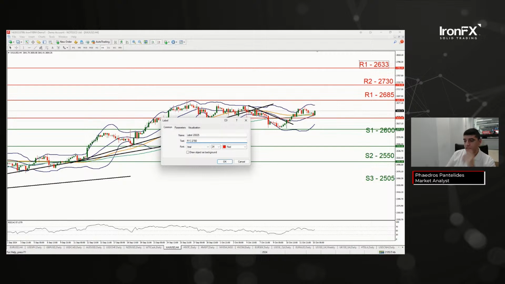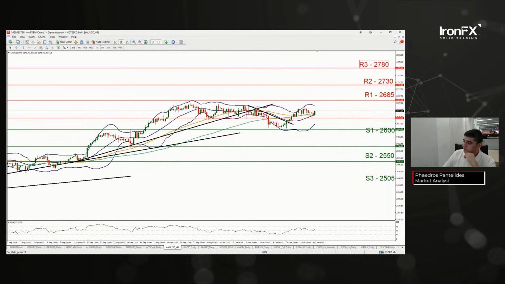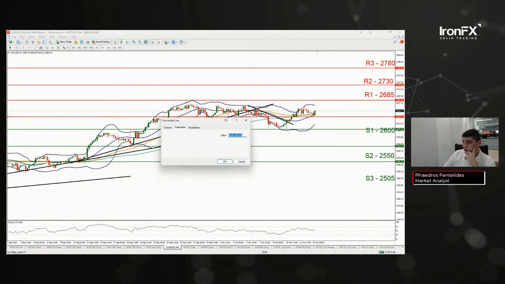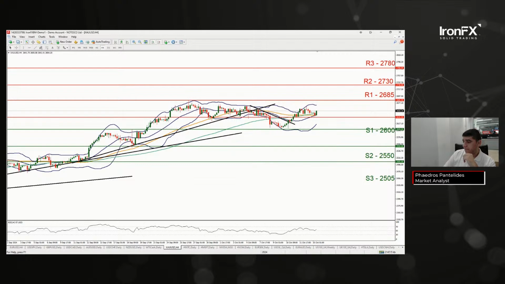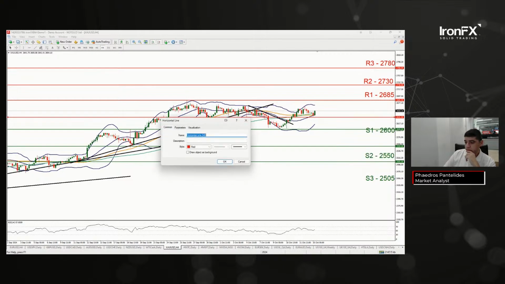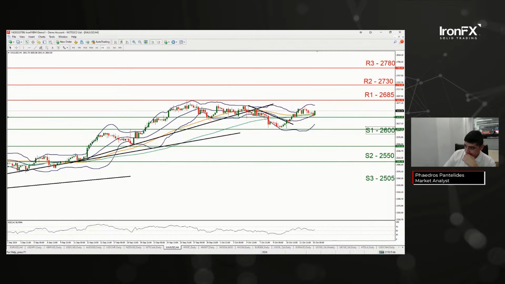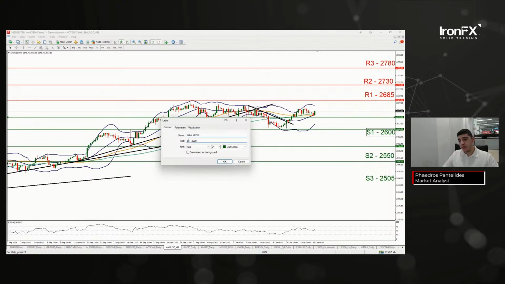I like to use it sometimes. And then adjusting that S1 to reflect the new price action. Golden cross, bullish outlook. S1 2,635. So this becomes S2.